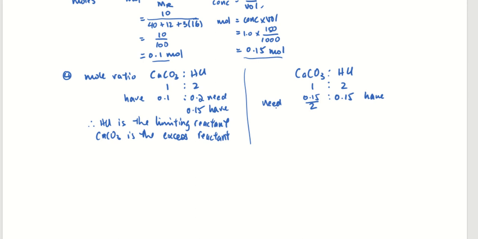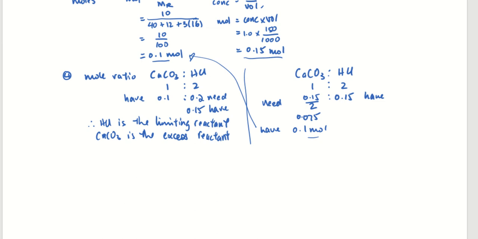Okay, and 0.15 divided by 2 will give us 0.075 mole of calcium carbonate that we need, but we have 0.1 mole of calcium carbonate, which we can find from here.